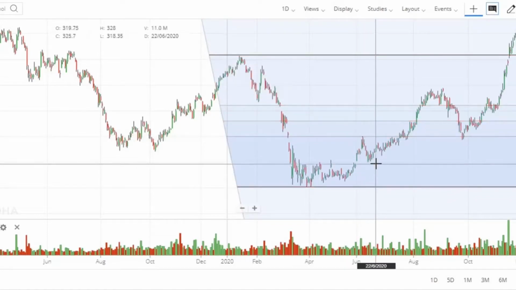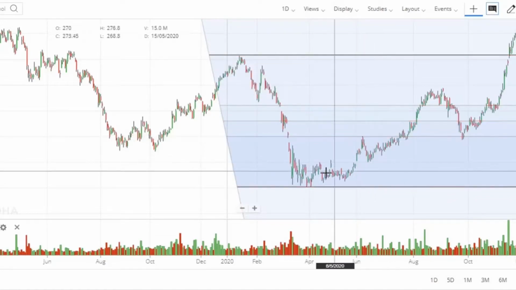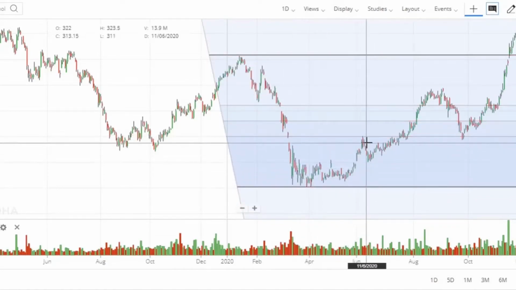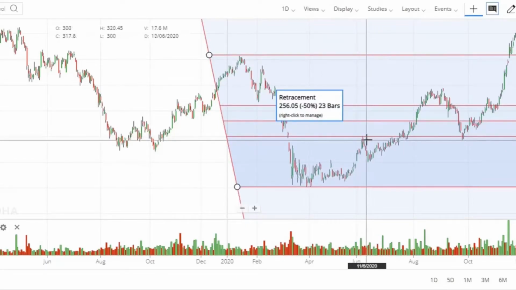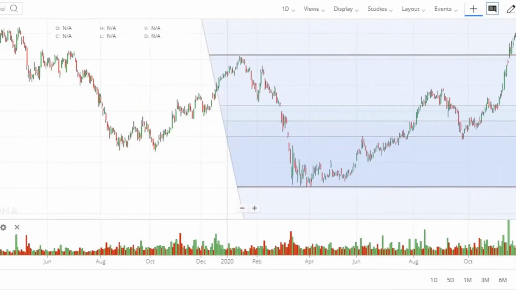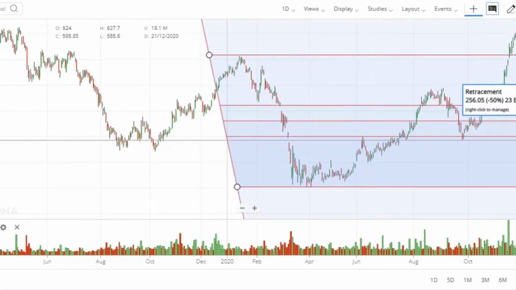There was a reason these people started to book profits over here. What was the reason? The reason was this. See, 38.2% exact. The high of that particular week is exactly 38.2%. Unbelievable, right?